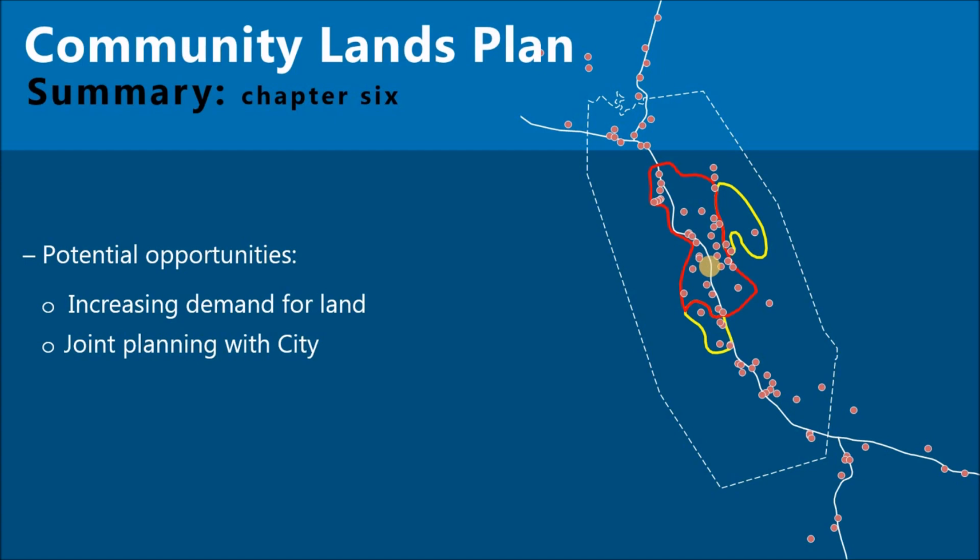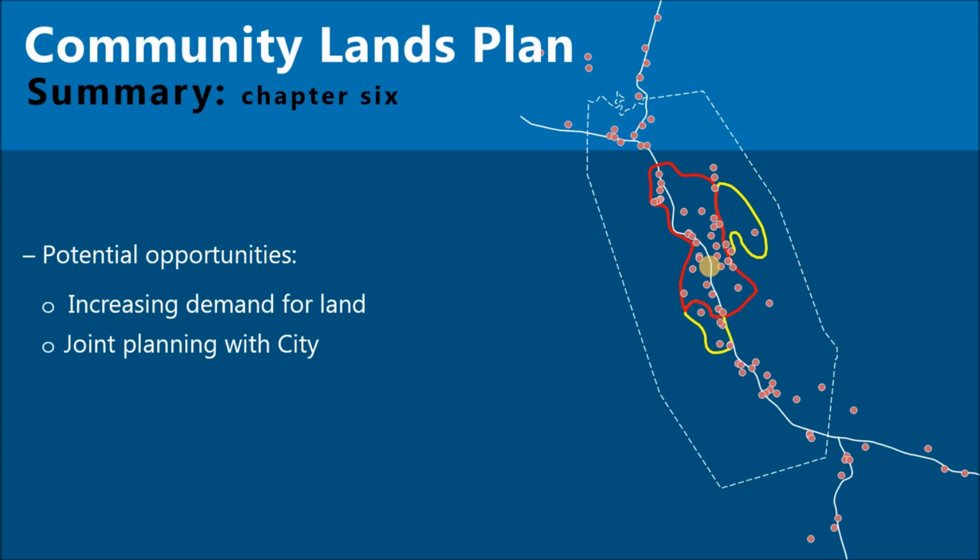So this leads into joint planning with the city then. So there's a real opportunity to work with the city to plan for the development of Kwalendon lands that ultimately will be in both the best interest of Kwalendon and for the general public.